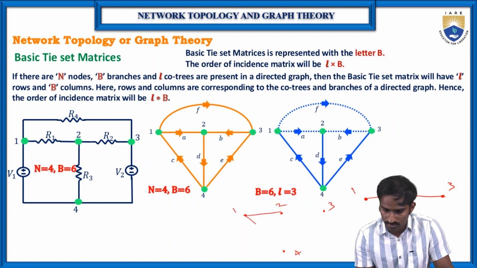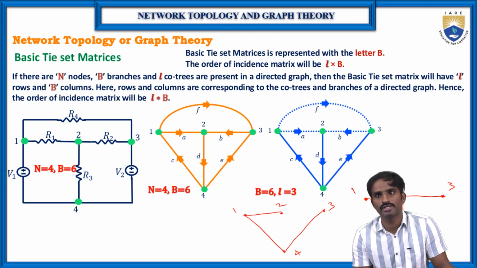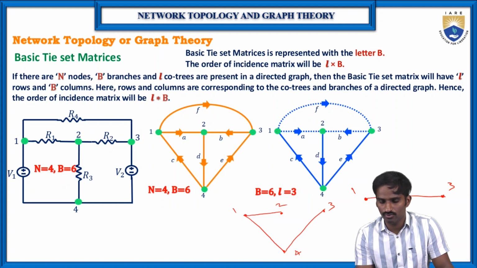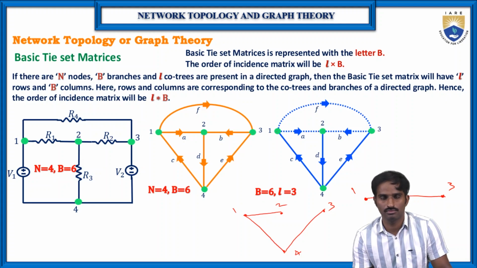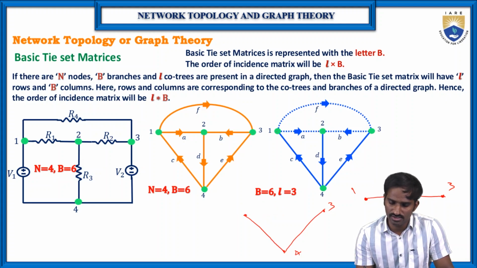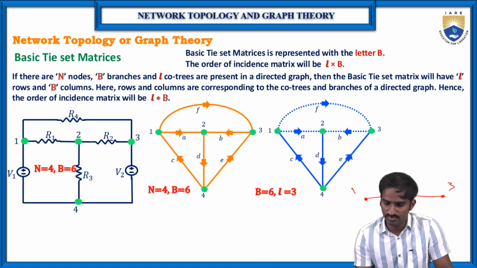This is also a tree, because it consists of all the nodes and there is no closed loop. That's how you can consider any tree, but here I have considered this particular tree.